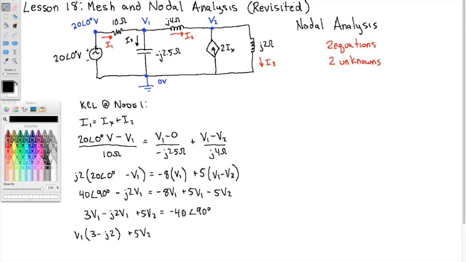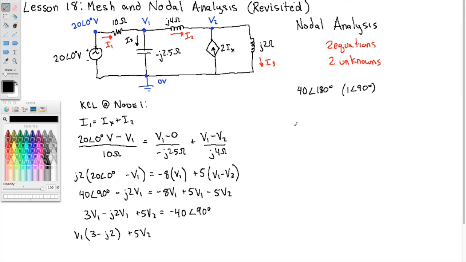Now be careful here. We've got minus 40 angle 90. As a side note, minus 40 is 40 angle 180 degrees. So we have 40 angle 180 degrees times 1 angle 90 degrees.